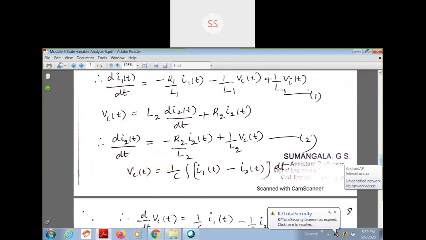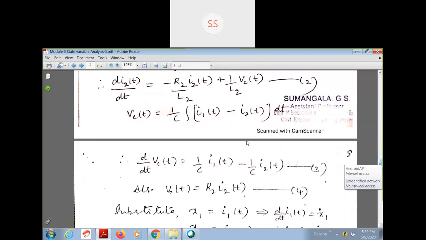But I need the rate of change of Vc of t. For the first two state variables I1 and I2, they were present in the equation itself, so we simply rearranged the terms to obtain equations 1 and 2. But here only Vc of t is available, therefore we will have to differentiate it one time, d by dt.